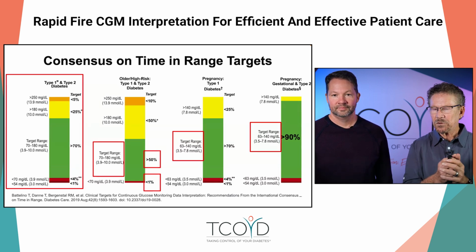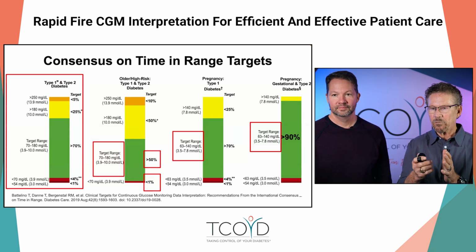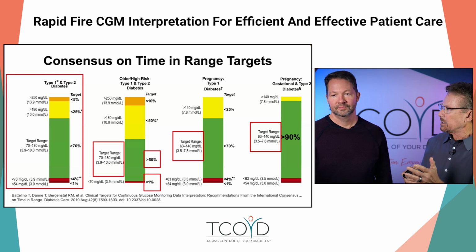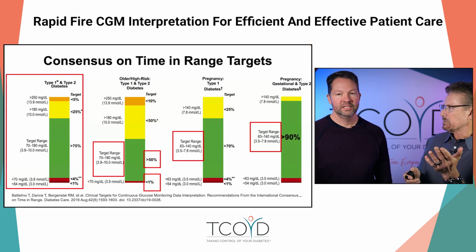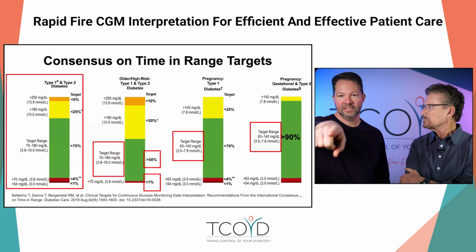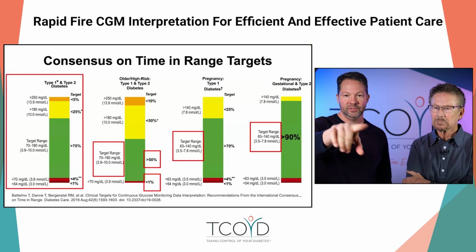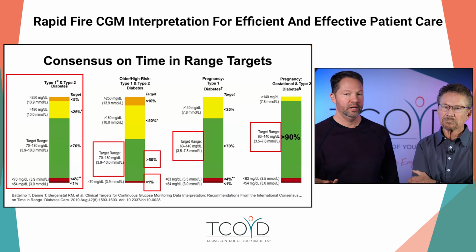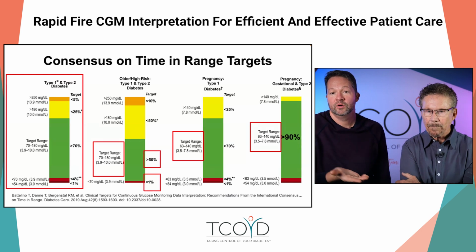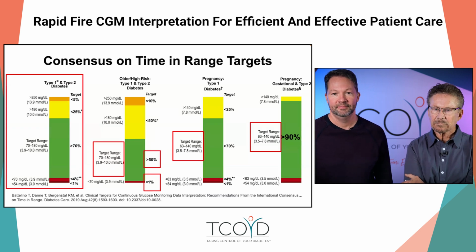And then if you have gestational diabetes or you have type 2 and you're pregnant, it's the same 63 to 140, but now they want it over 90%. Probably because it's easier to get that range. People can generally get there with less hypoglycemia. And yes, it's the same time below range of 4%, but the metrics are different, so it's less than 63. People with pregnancy generally tolerate lower blood sugars, so we kind of redefine what hypoglycemia is in pregnancy.